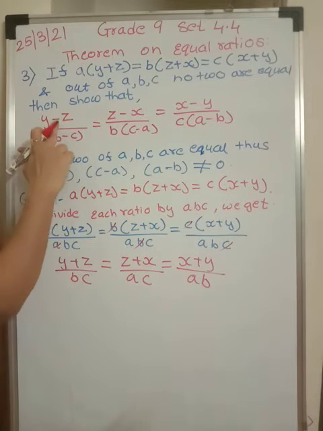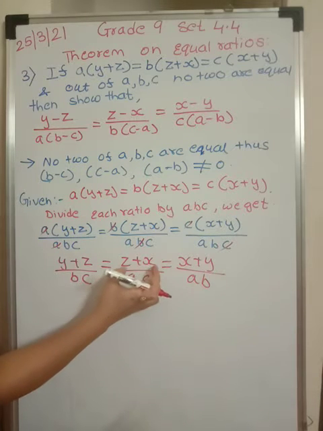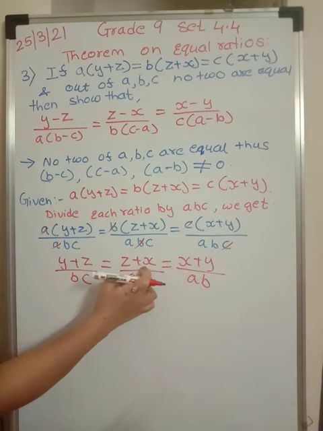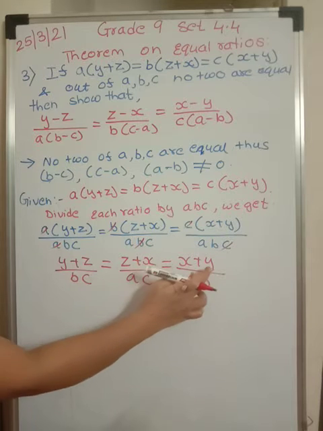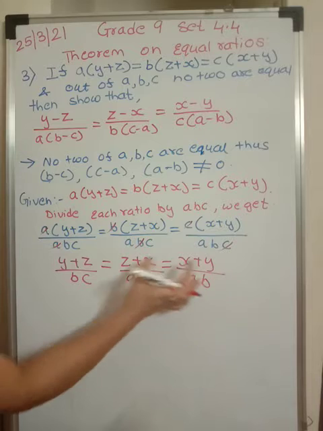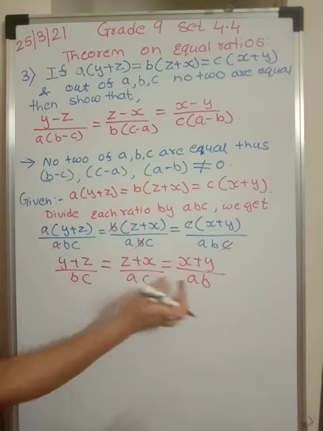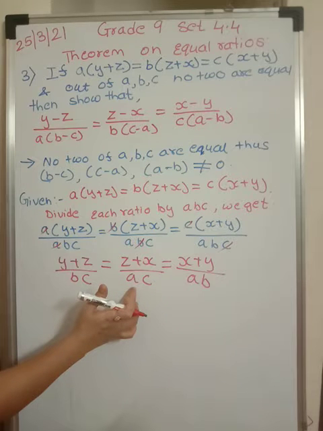Now just look at what you want. You want y minus z. So from this, if I subtract this, then x would be cancelled and we will get y minus z. So I am going to subtract this ratio minus this ratio. Numerators if I subtract, automatically denominators also will get subtracted.